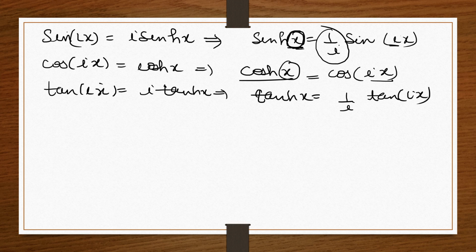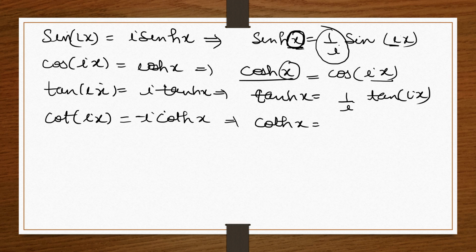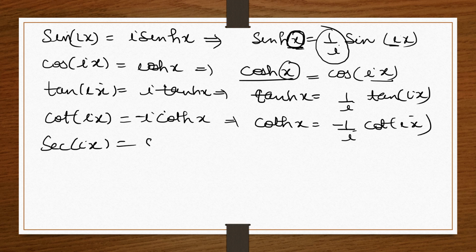Okay. Similarly, for cot, this is minus iota cot hyperbolic x, so this implies cot hyperbolic x is minus 1 by iota cot iota x. And similarly we have the other entries also.